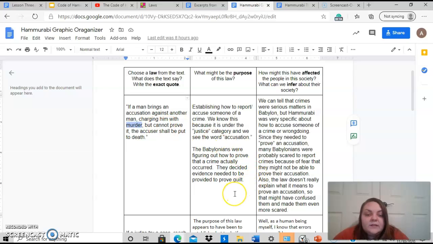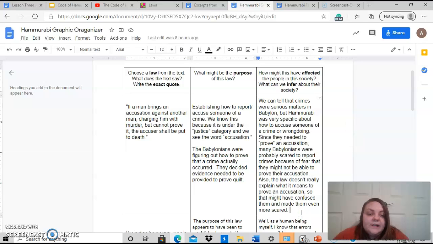And they're trying to decide how an accuser can prove that the crime of murder actually happened. And they decided that they needed sufficient evidence to prove guilt. And then the last column: how might this have affected the people in this society? What can we infer about their society?